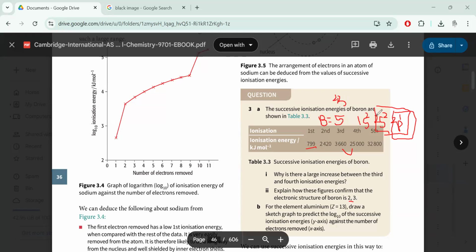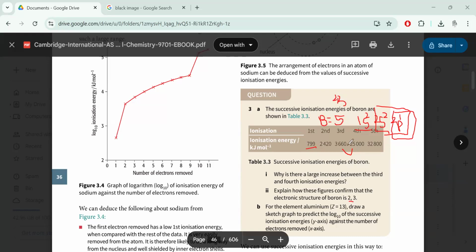Since the three outer electrons are in the same shell, shell number 2, there's not much gap between them. But when we move to the fourth electron, which is in the first shell, the closest to the nucleus, it has a really great attraction.